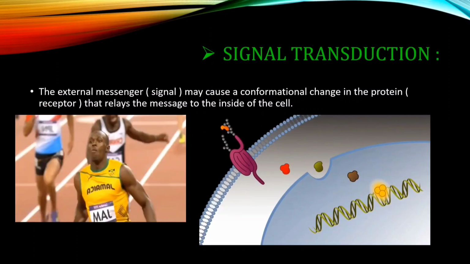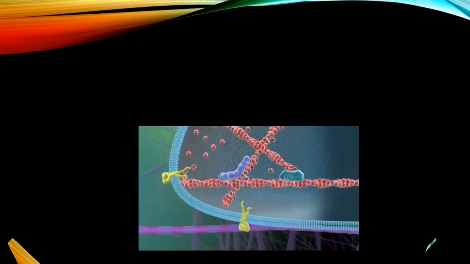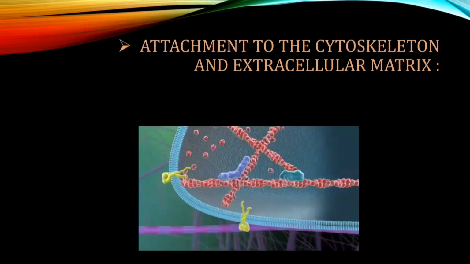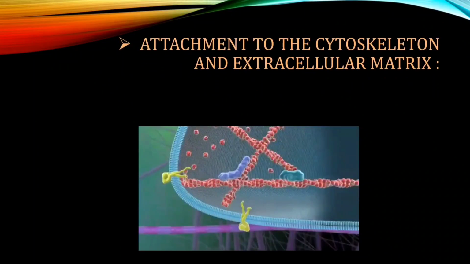Okay, now going to the next slide. At first, about this slide, we know that the cytoskeleton bound to membrane protein helps maintain cell shape. That is the function, attachment to the cytoskeleton and extracellular matrix.